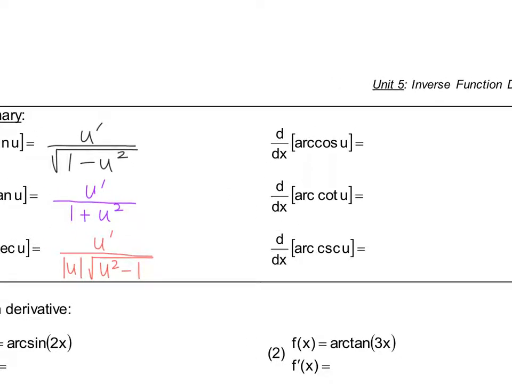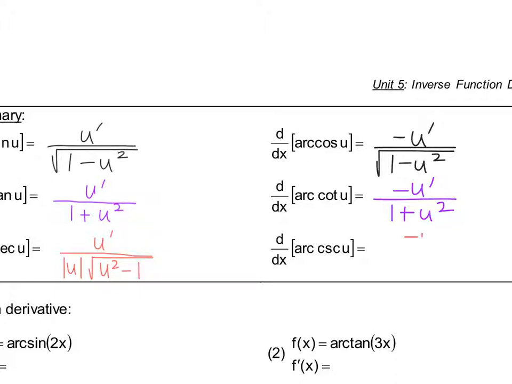So then the corresponding rules for our cosine would be negative u prime over the square root of 1 minus u squared. Negative u prime over 1 plus u squared.